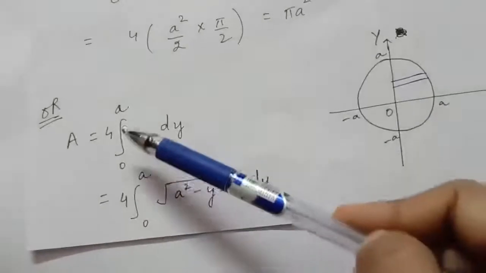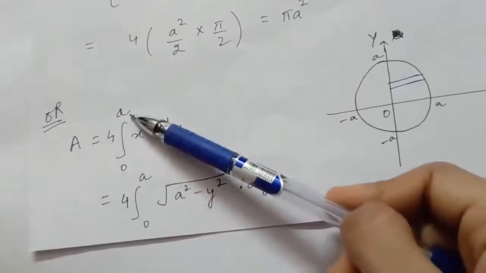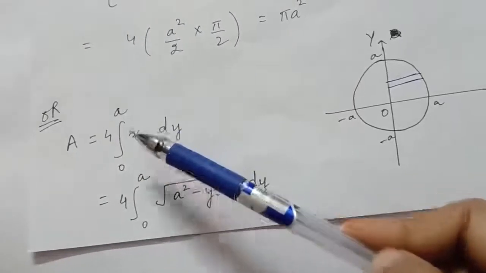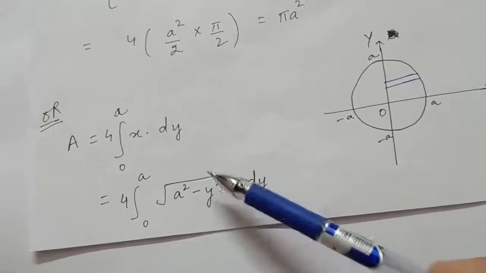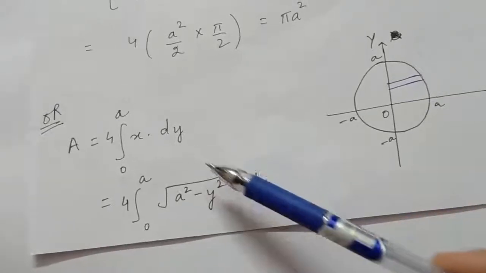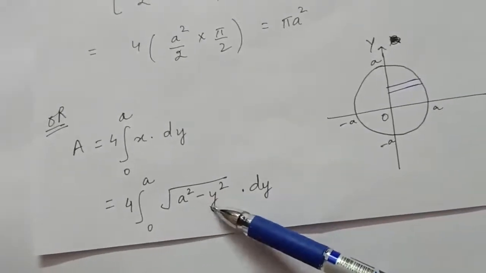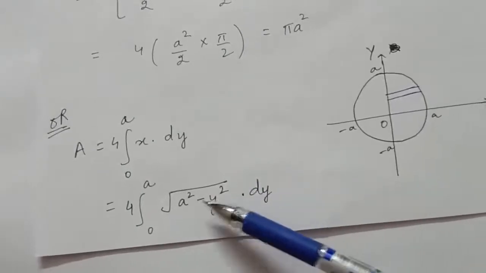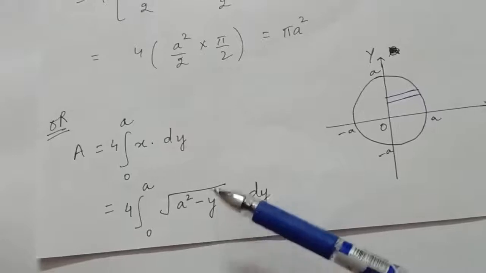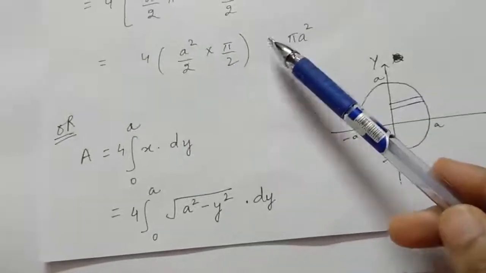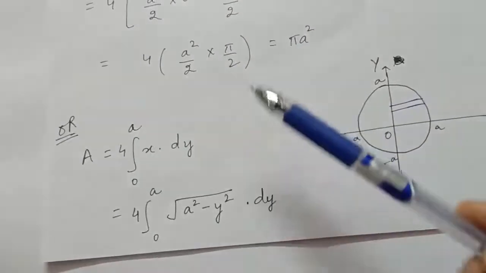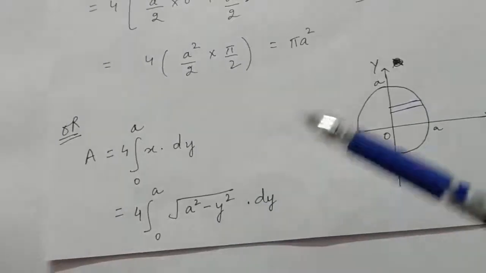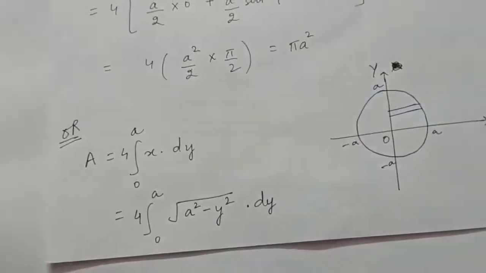Because the limits are of the y-axis, the function which we will take here will be in terms of y into dy. Now the function in terms of y will be calculated from the given equation. It will be root a square minus y square, and then solve it. Similarly as you have done in the upper part, right? So you will get the same answer, pi a square.